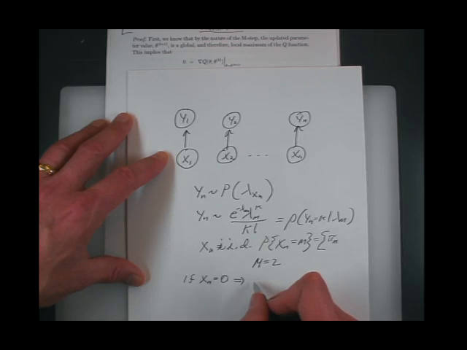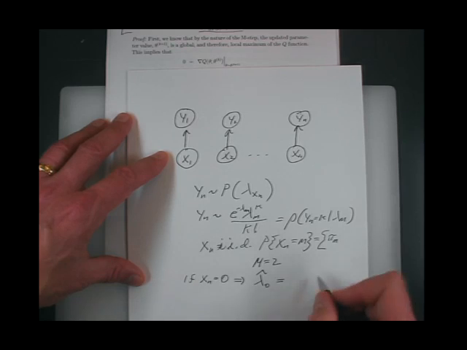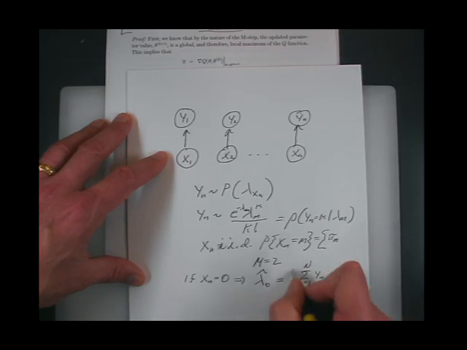In that case, the ML estimate of lambda 0 hat, the rate of the Poisson, you can do the calculation, but it turns out that you just sum from n equals 1 to n of yn and divide by n.